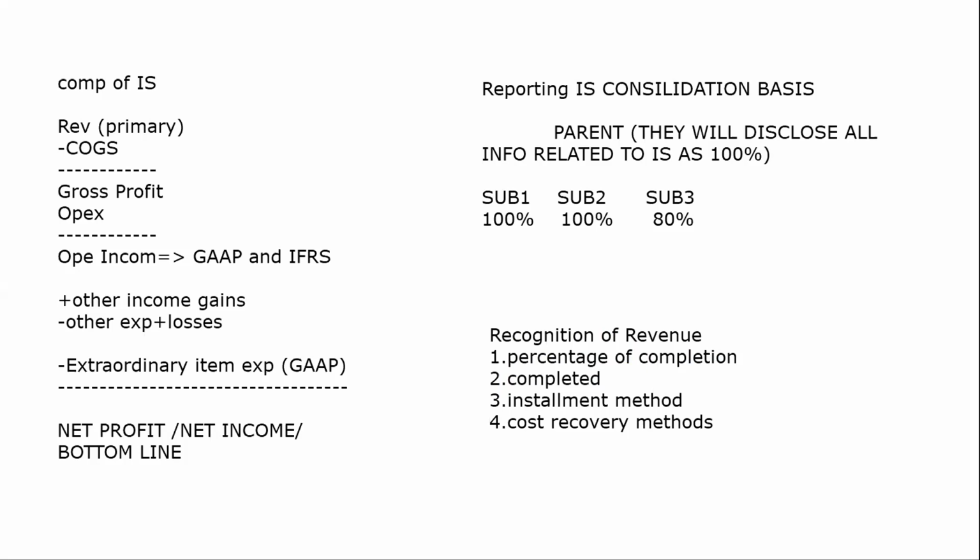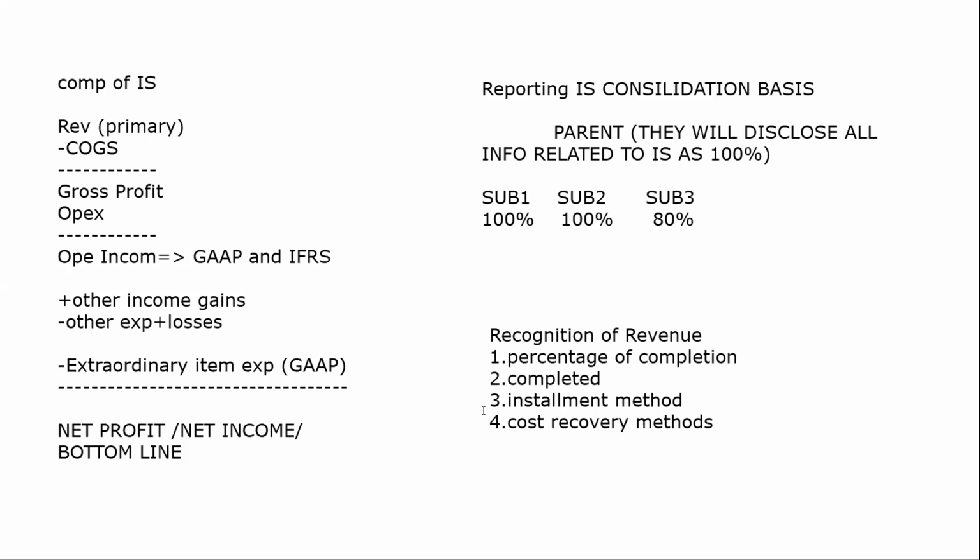Great. Now, coming to the example, assume that AA construction company has a contract to build a ship for $1,000, and a reliable estimate of the contract total cost is 800. One thing I want to mention again is that the first two methods of revenue recognition are mostly used by construction companies. If you look at construction, you will see that construction companies use the first two methods.